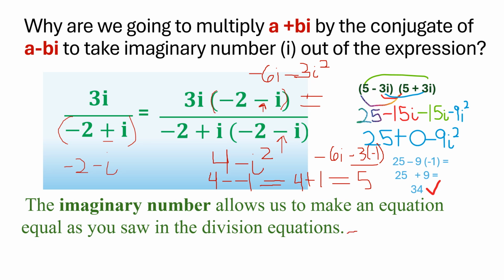A -6i over 5 plus 3 over 5, which your textbook said to write in a plus bi form, which is going to give you 3/5 minus 6i over 5.